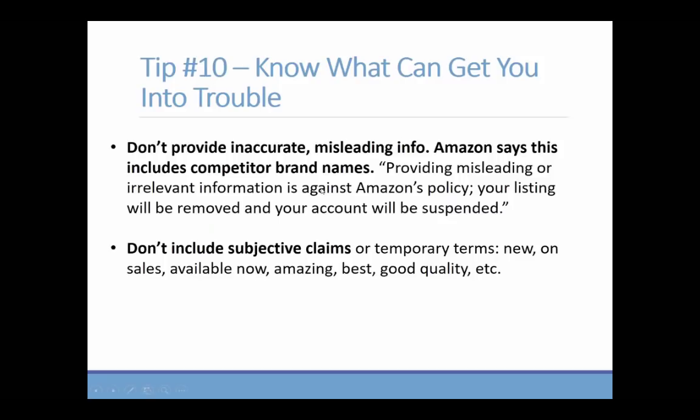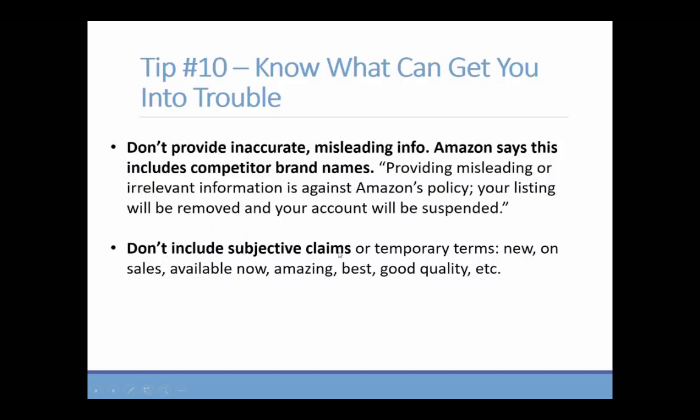Providing misleading or irrelevant information is against Amazon's policy, and your listing will be removed and your account will be suspended. Now granted, as we said, Amazon does not do a very good job of policing their own policies, but just the threat of your listing being removed and your account suspended would be enough for me not to want to put those types of information in the search terms.